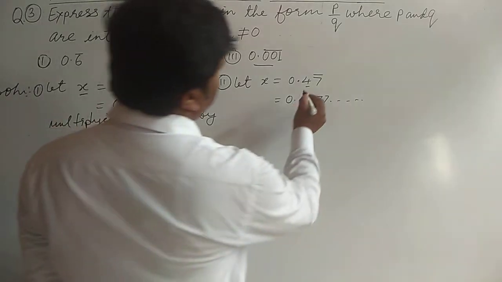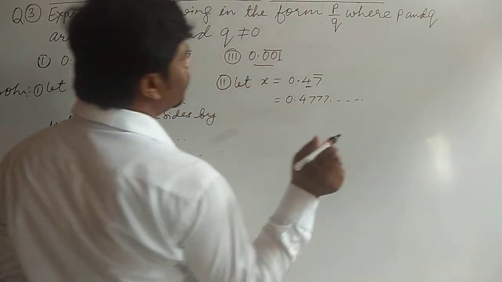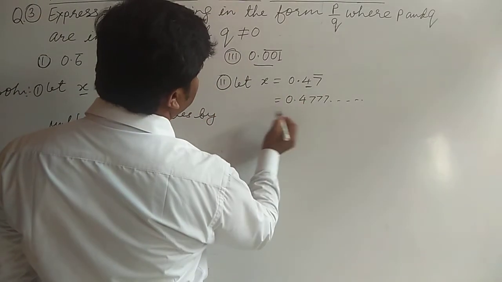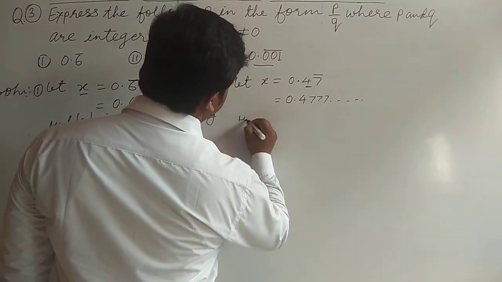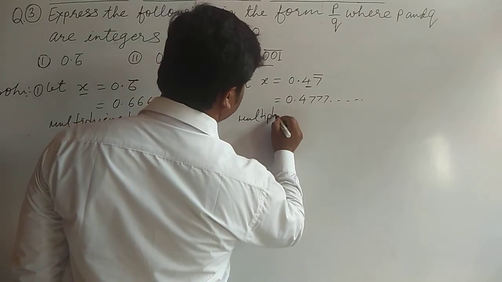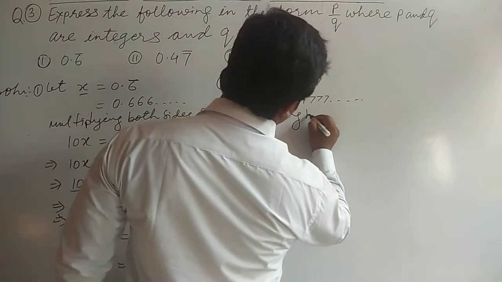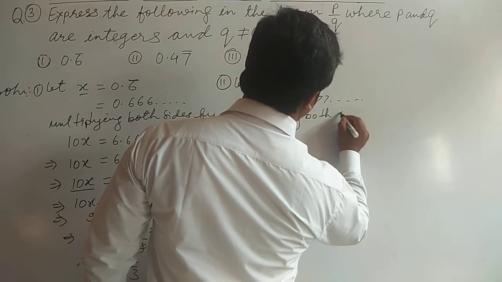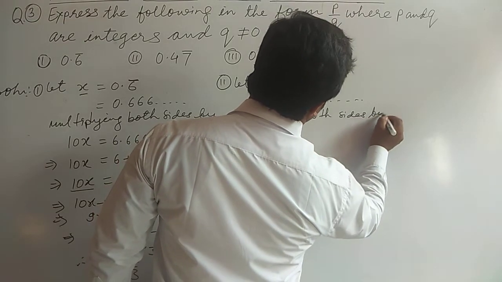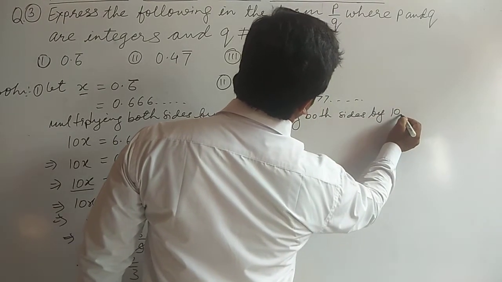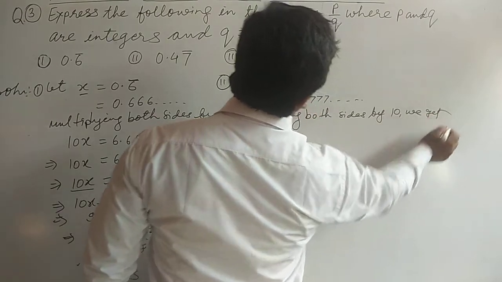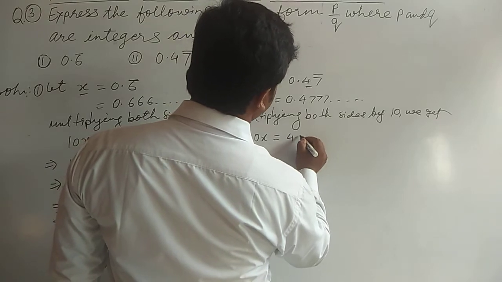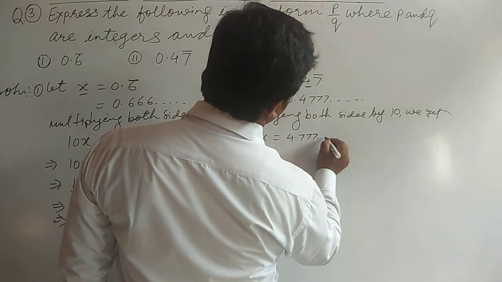So non-repeating digits: only 1, the 4. So first we will bring 4 to the left side. For bringing 4 we will multiply by 10. So multiplying by 10 we get 10x equal to 4.777.